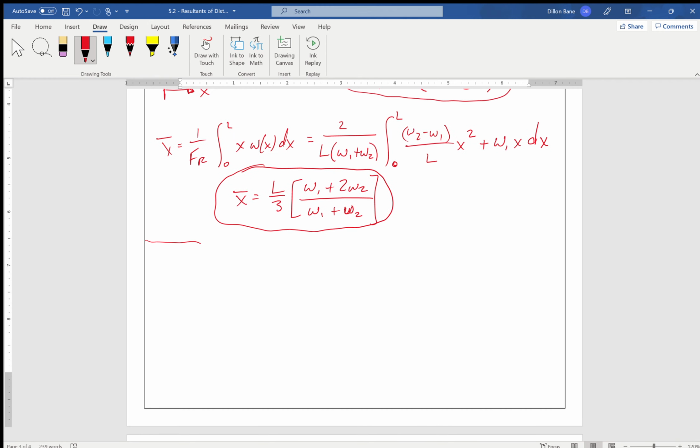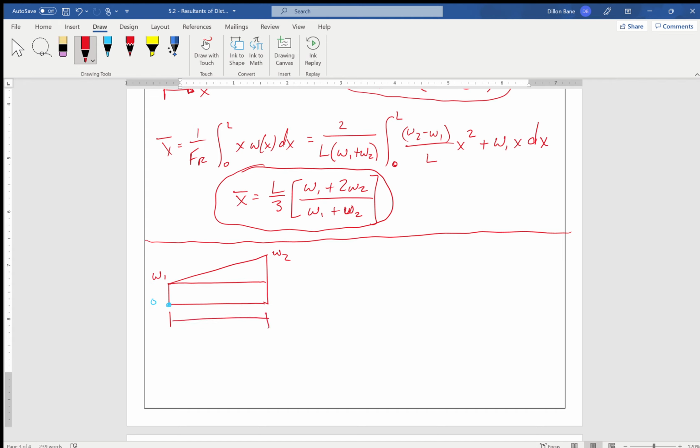We're going to redraw this real quick. We're going to redraw our trapezoidal load, but this time we're going to break it up into a rectangle and a triangle.